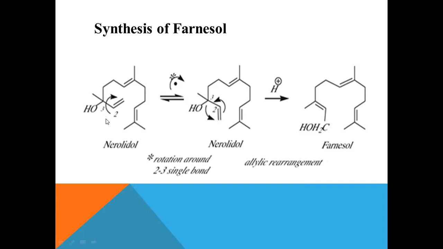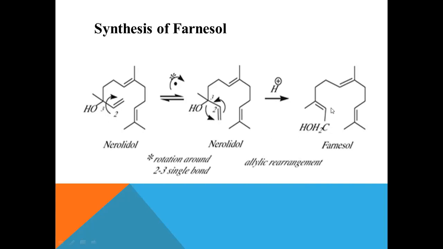So if you see here, this is nerolidol. The double bond is present at the end. First position there is a double bond. In the third position there is the hydroxy group. During allylic rearrangement in the presence of the acid, the double bond shifts to this position, the hydroxy group shifts to this position.